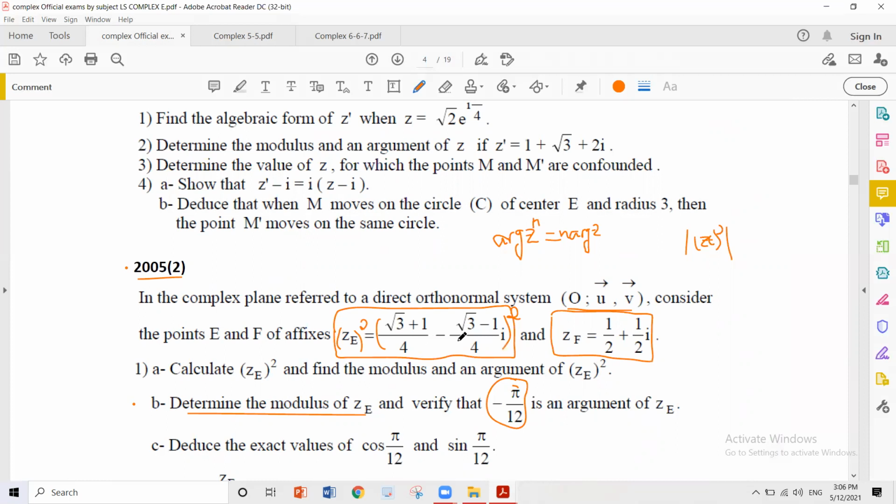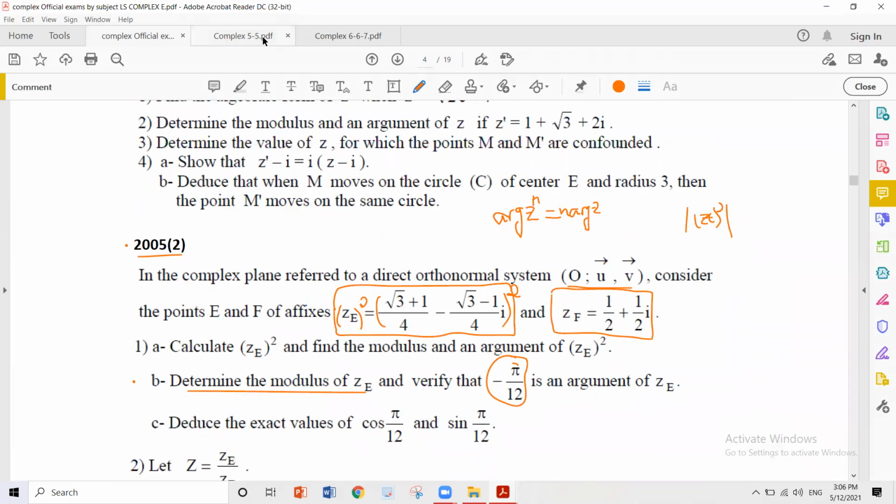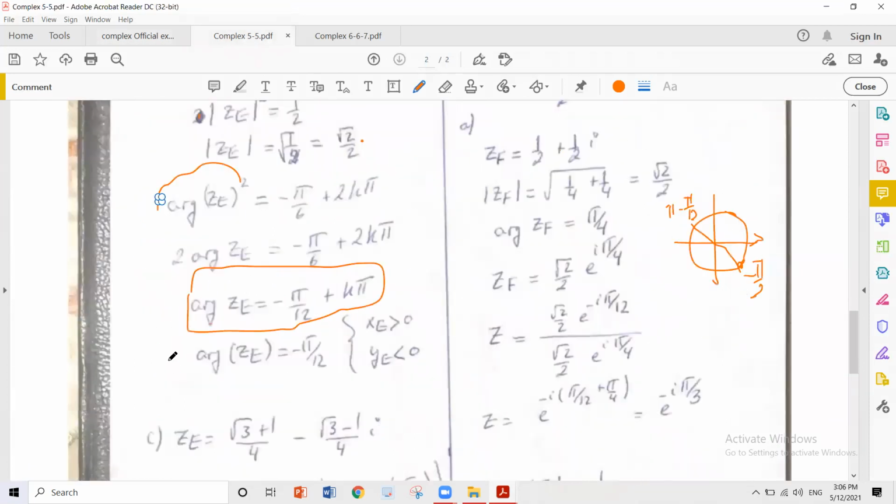X is positive, y negative. So we are in quadrant 4. Since xe is positive and ye is negative, we are in quadrant 4 and the argument of ZE is minus pi over 12.